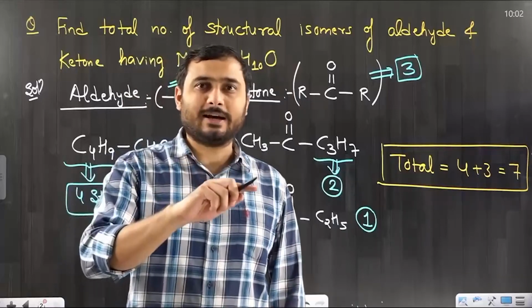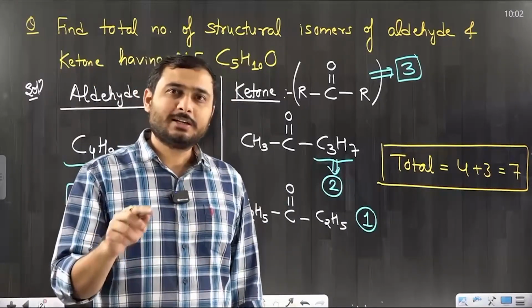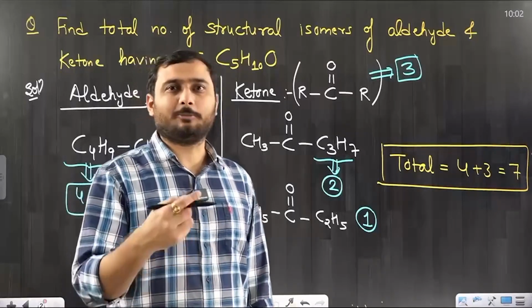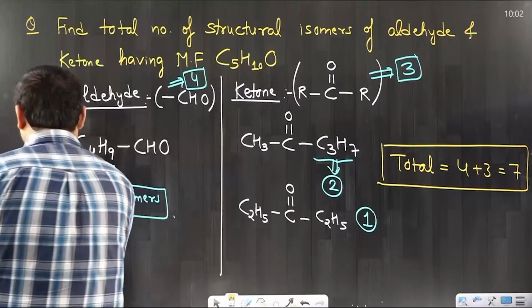Similar like amines. In amines what we find? First primary, secondary, tertiary. Similar we have to find in amide, primary, secondary and tertiary. So let us start with amide.